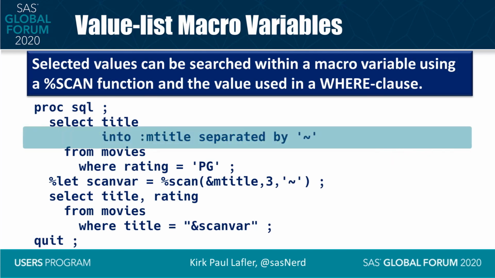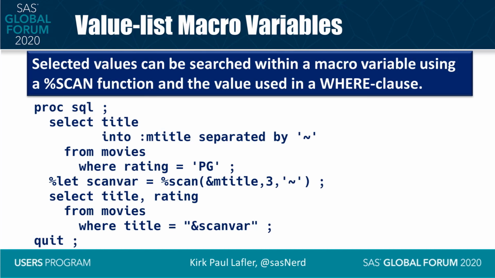The separated by keyword with the into clause allows us to create an array of values. Each distinct value is separated with a tilde. The reason why a tilde was specified is a tilde is found very infrequently in the world of data. So it's a good separator.